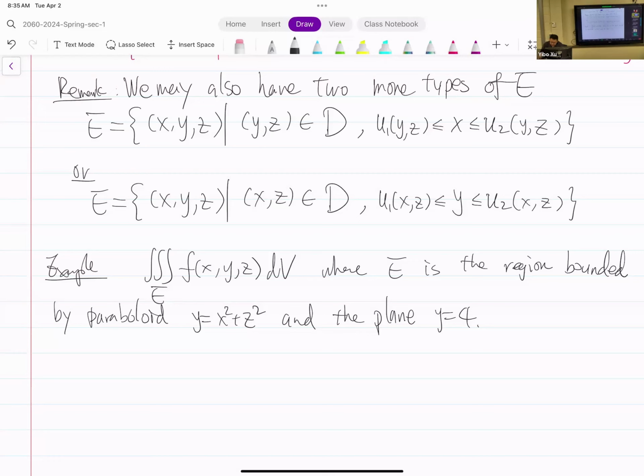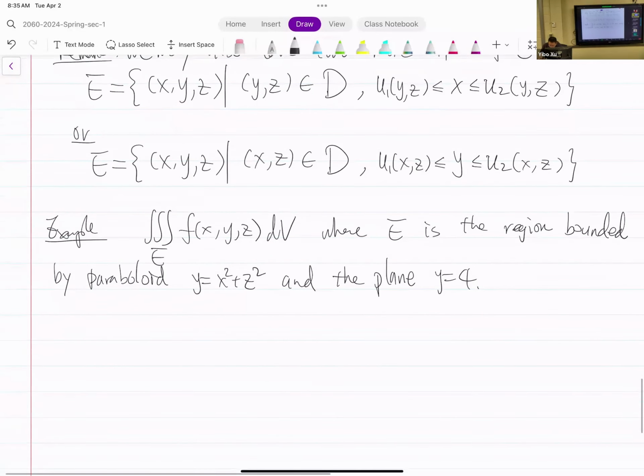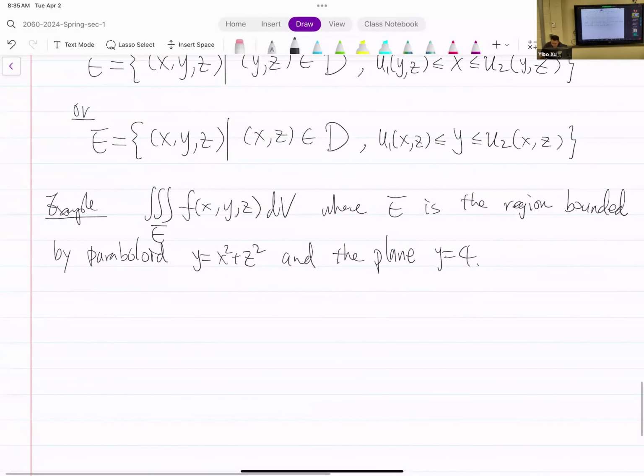Okay. And then here, if you fix y as a constant, you will get circles. Okay. So along the y direction, we're actually going towards the right. Okay, so you have a paraboloid. And then here on the right hand, we have y equals 4 as the plane.